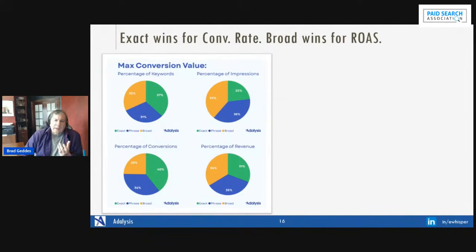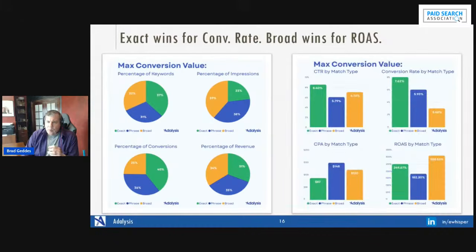Now, when we look at this, it's the first bid method where every match type is pretty equally used by advertisers. But when we look at the stats themselves, exact match has the best conversion rate. It's the best click-through rate. We've seen this everywhere.